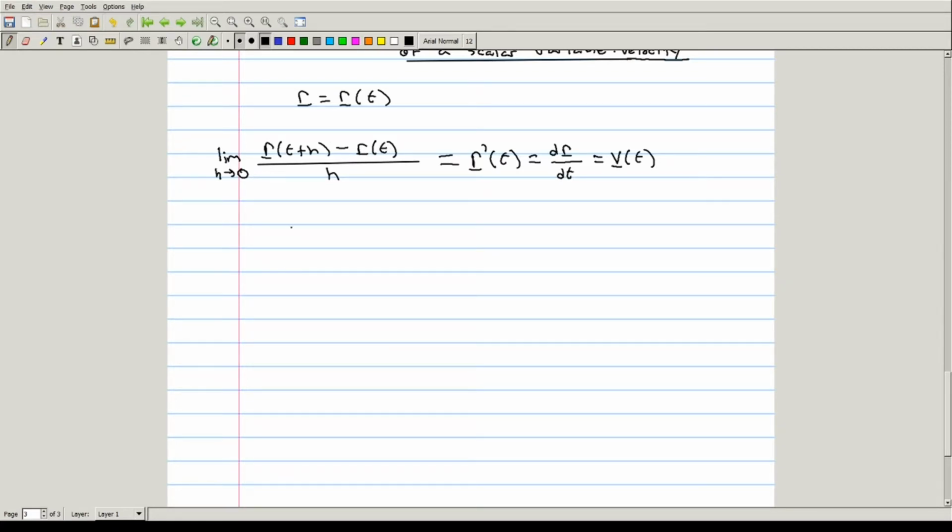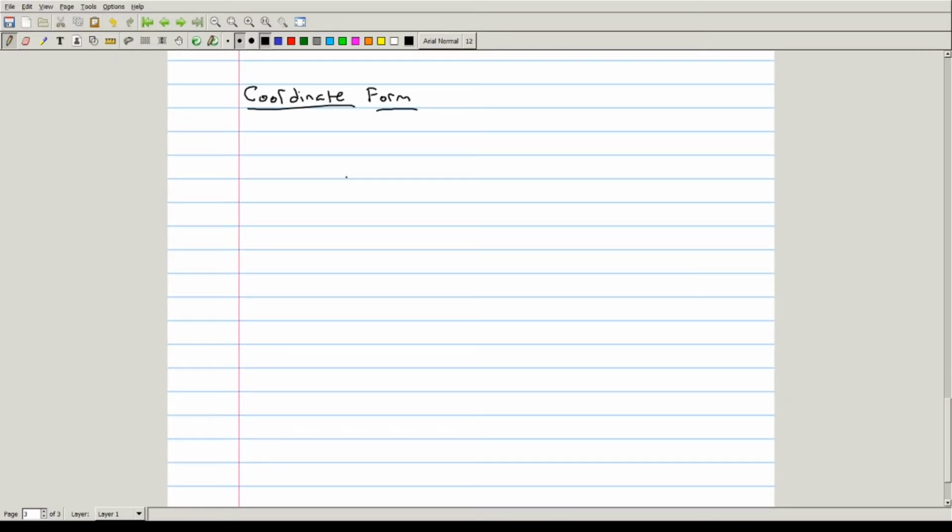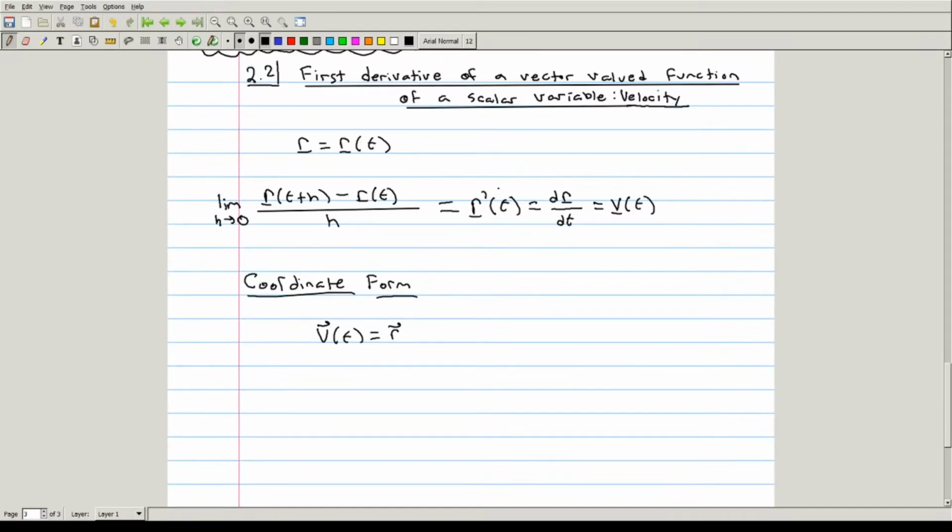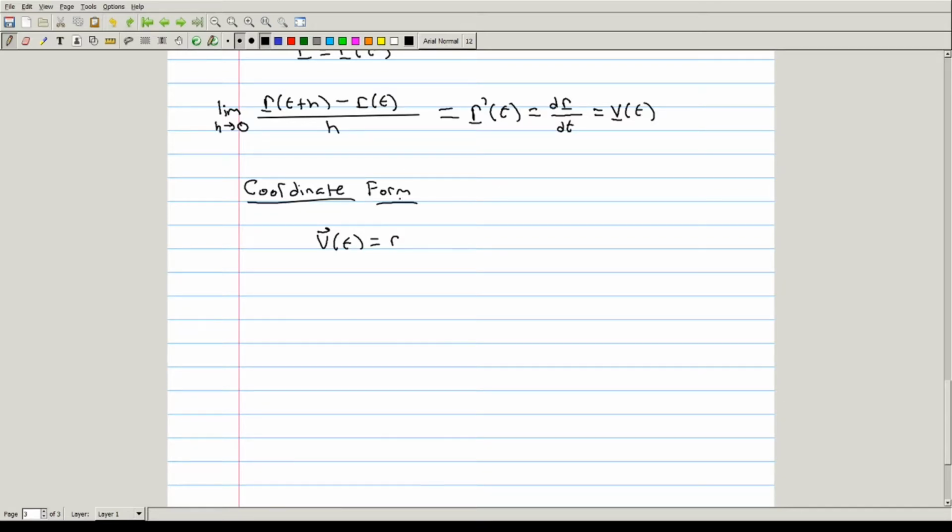However, if you were to calculate this in coordinates, you have that v of t, or r prime of t. Let me go back to using the underline notation. We try to find out what the coordinate form of this is.